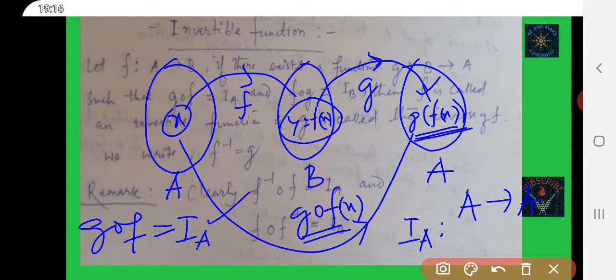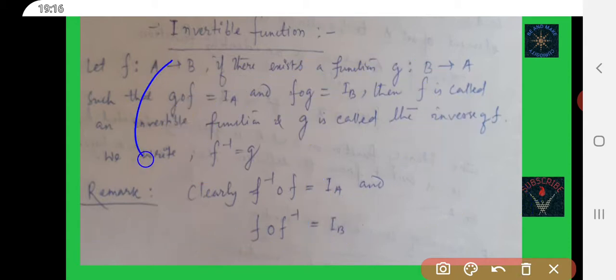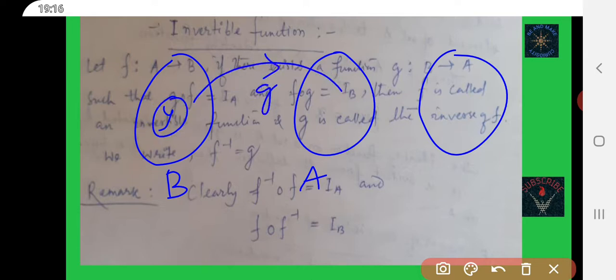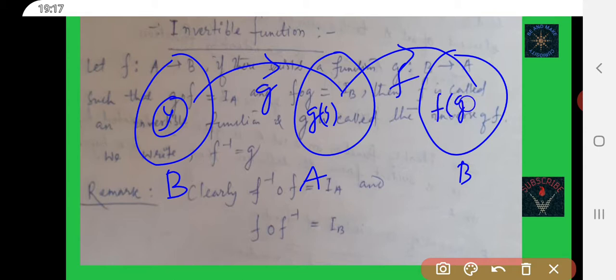And the function g is mapping from B to A, g of y, and f is mapping from A to B, that is f of g of y.